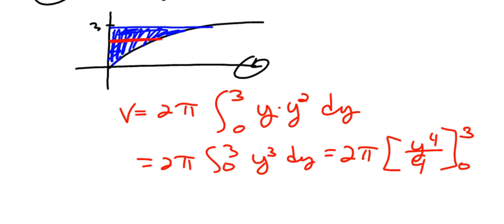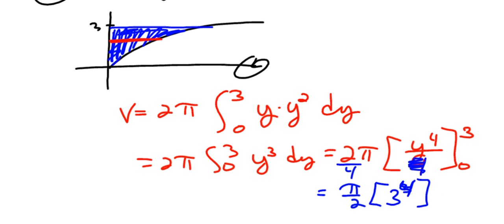Now, we could save ourselves this step by pulling this 4 out, and we really have pi over 2, and we're going to evaluate y to the 4th power, and I'm just going to plug in my upper bound. And I should get then 81 pi over 2 as my answer.